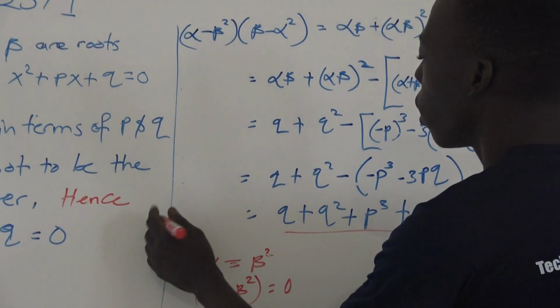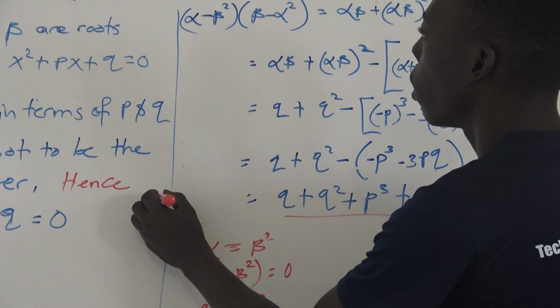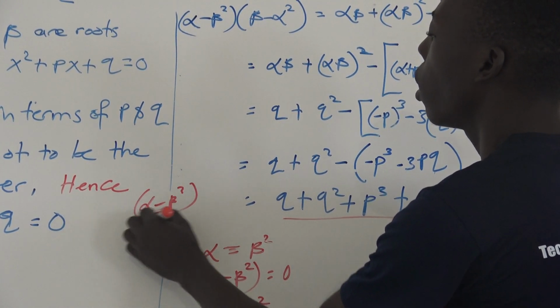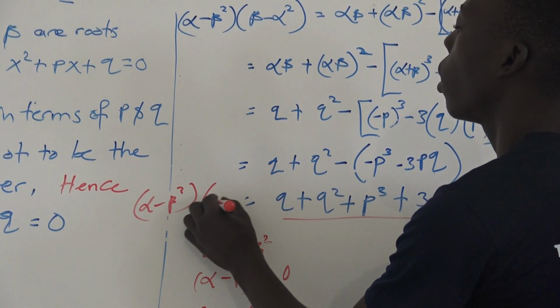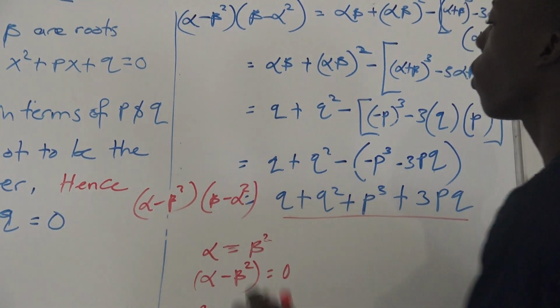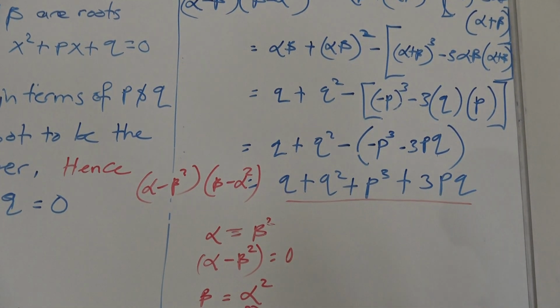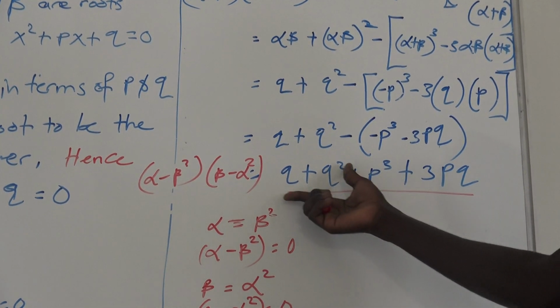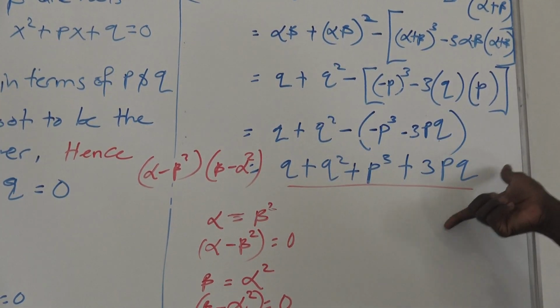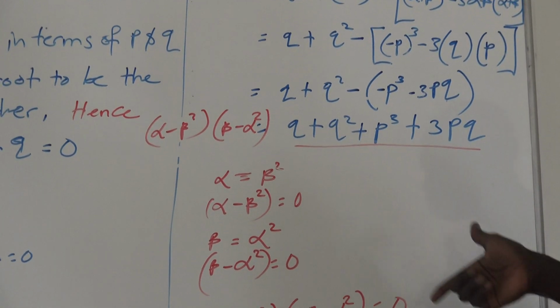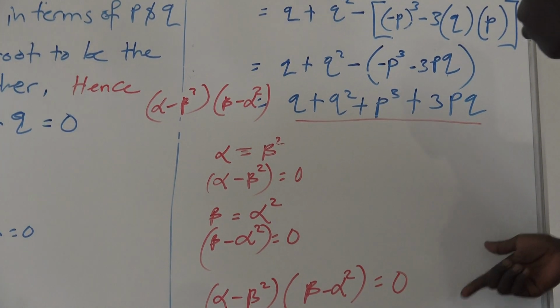So this is just an expansion of alpha minus beta squared times beta minus alpha squared. Since this one is the same as this one, we can just substitute in the values we got, then we get the answer to be equal to 0.